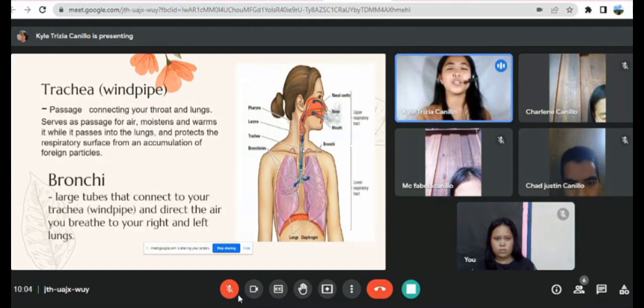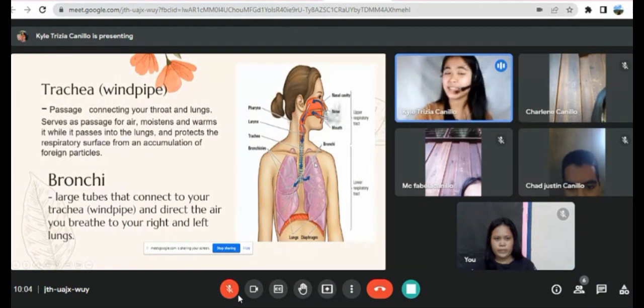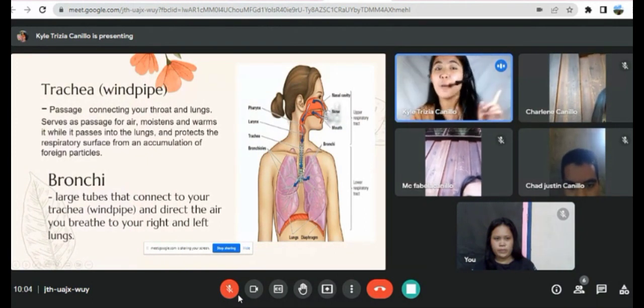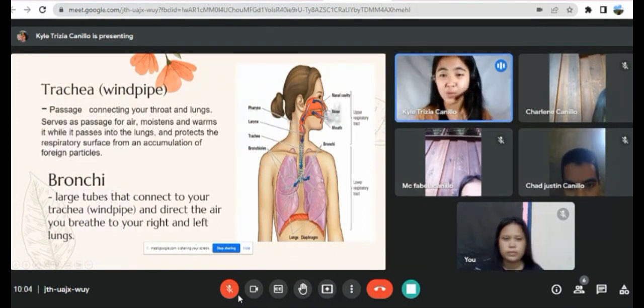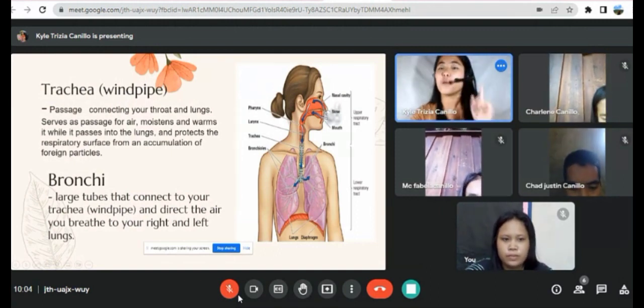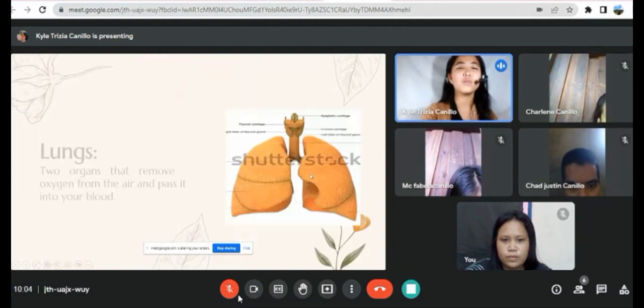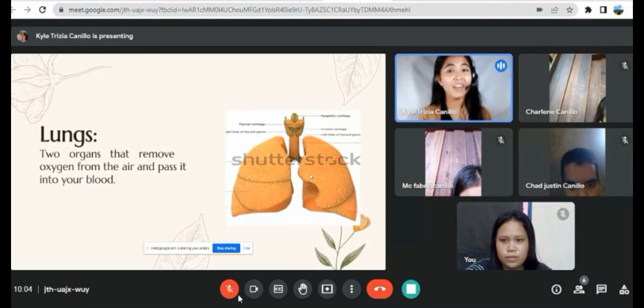Now let's have here the bronchi. The bronchi connect to the trachea and direct your breath to your left and right lungs. These are the two tubes that divide the air between the right lung and the left lung. Now let's move on to the main organ of the respiratory system.